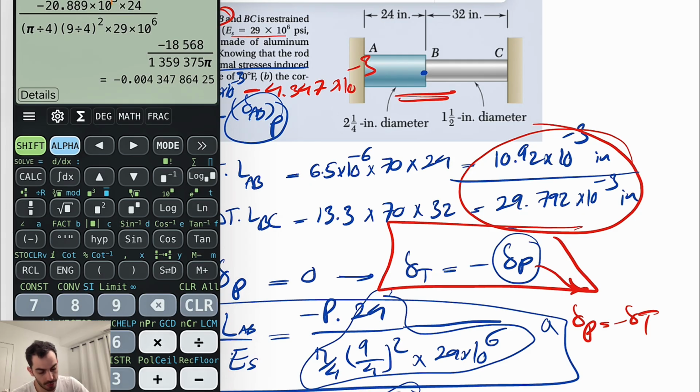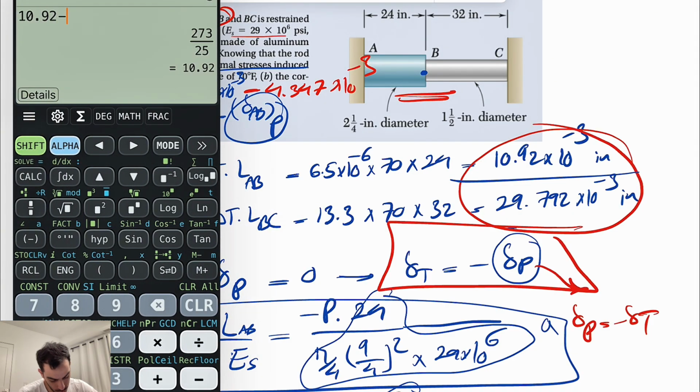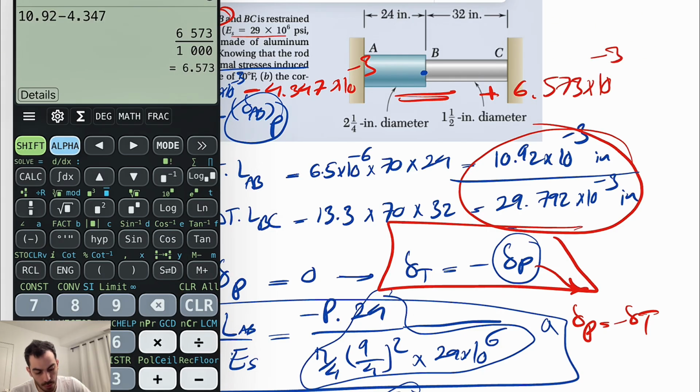So the overall deflection of B would be 10.92 minus 4.347, and as we can see, we are getting a positive value, 6.573 times 10 to the minus 3.